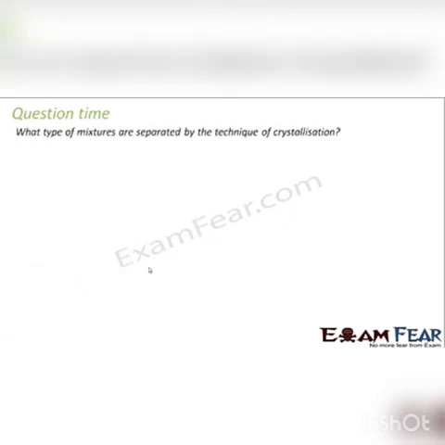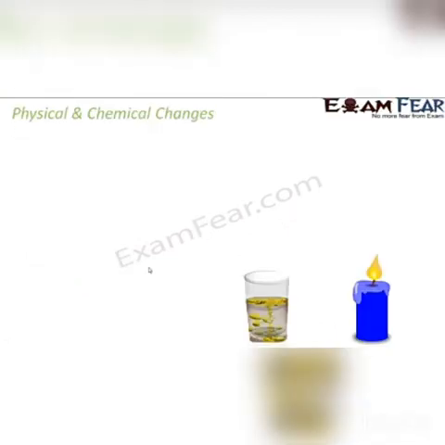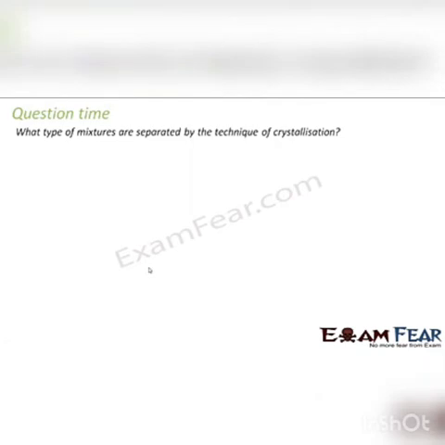Okay. The next is what type of mixtures are separated by the technique of crystallization. See, in crystallization, we have seen copper sulfate and NaCl getting purified, or NaCl from salt water. Salt water has NaCl, so for this also we use crystallization.